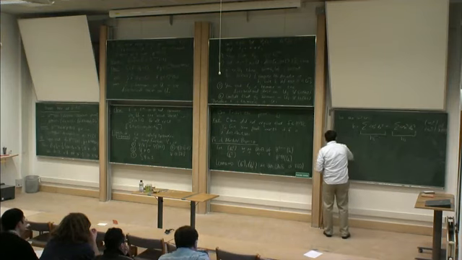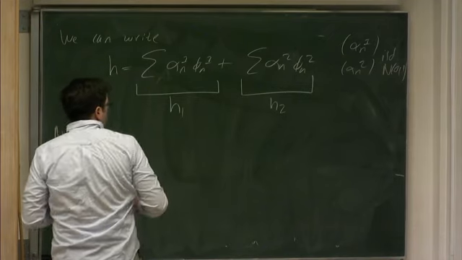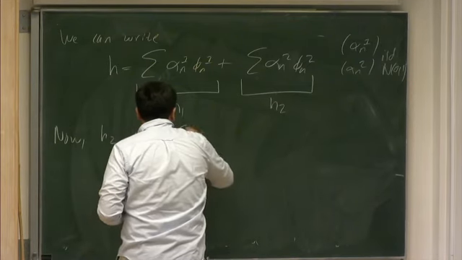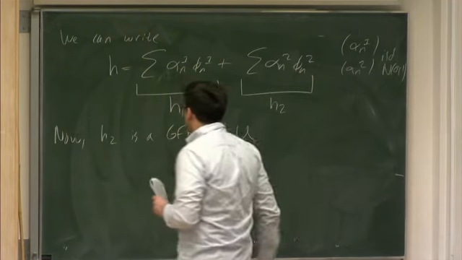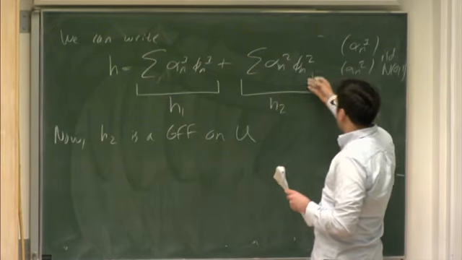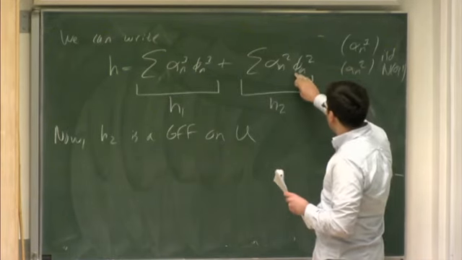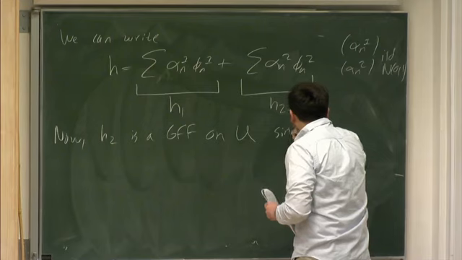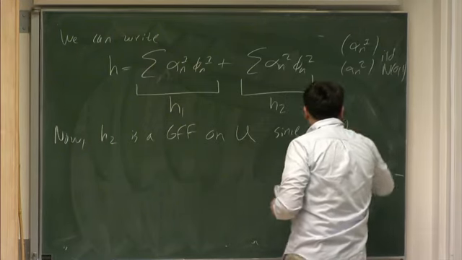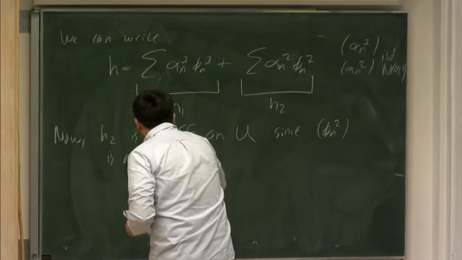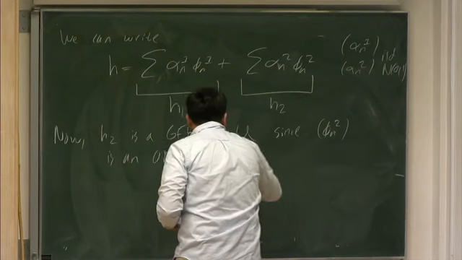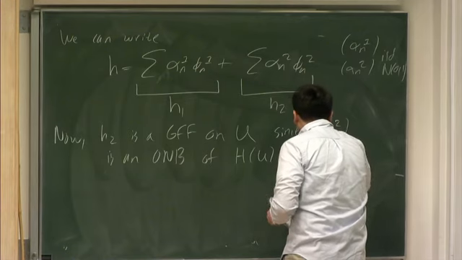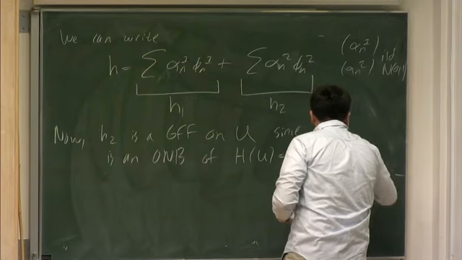All right, so now it's clear that h2 is a Gaussian free field on U because it is just given as a random linear combination of an orthonormal basis of h of u. Since this phi n2 here is an orthonormal basis of h of u, because that can be identified with h sup of u.